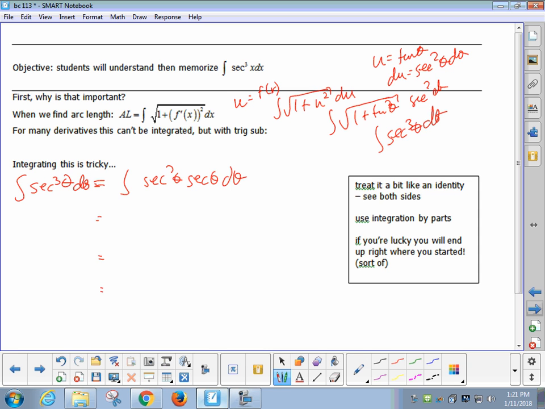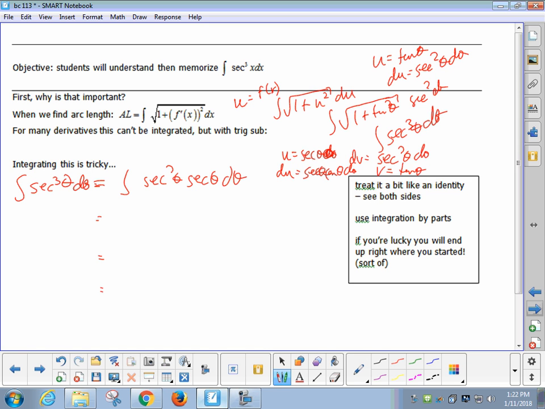If you see it as integration by parts, that's the next step. If you let u equal secant theta, and dv is secant squared theta d theta because it integrates nicely, that implies du would be secant tangent d theta, and v is tangent.